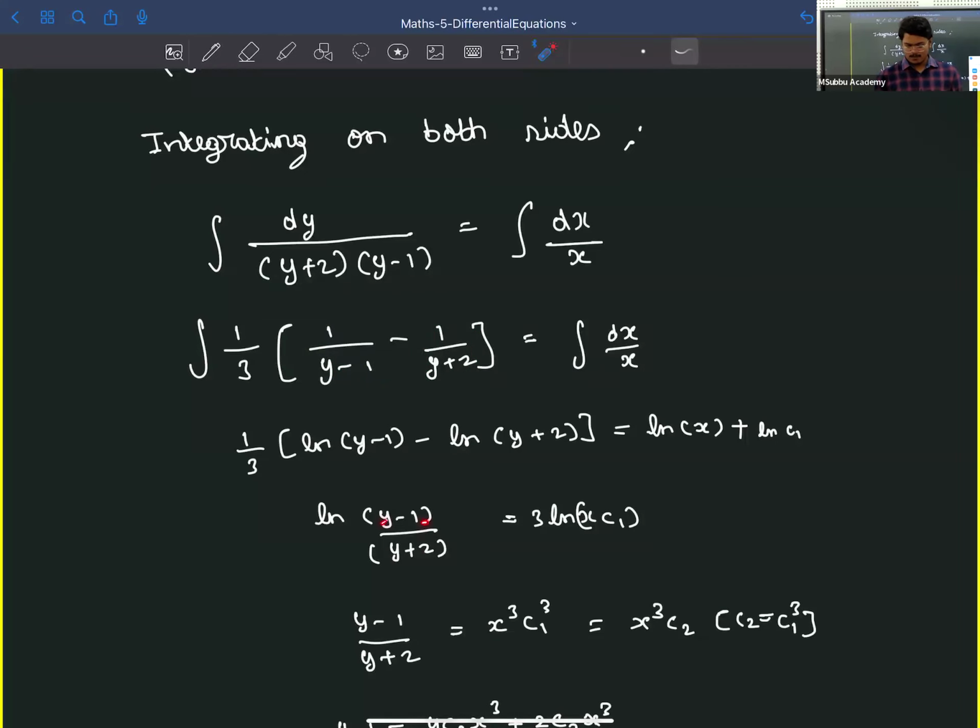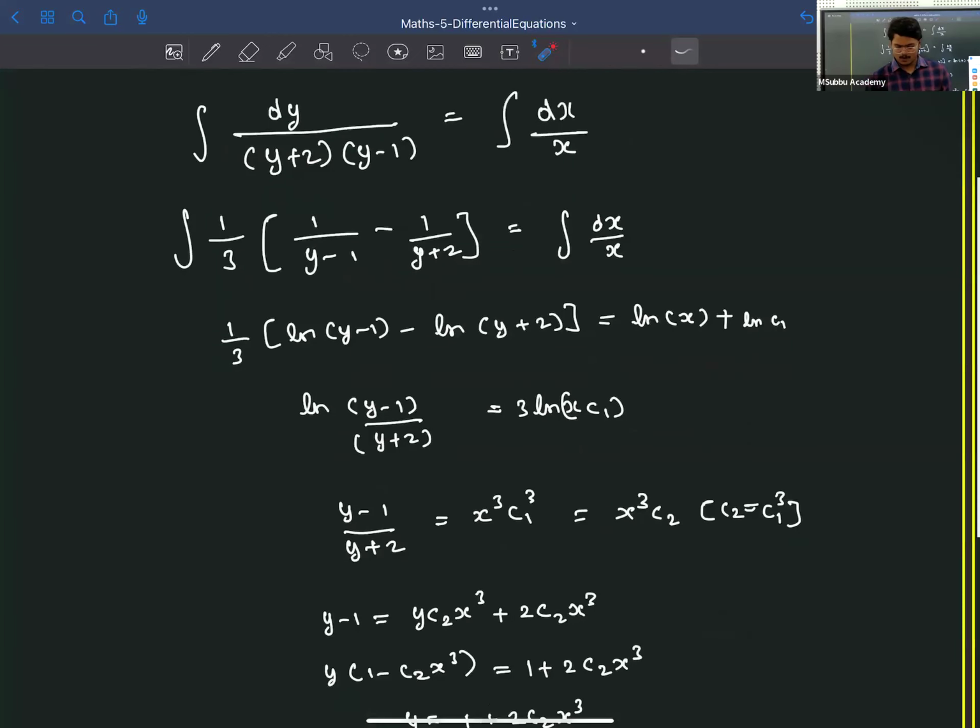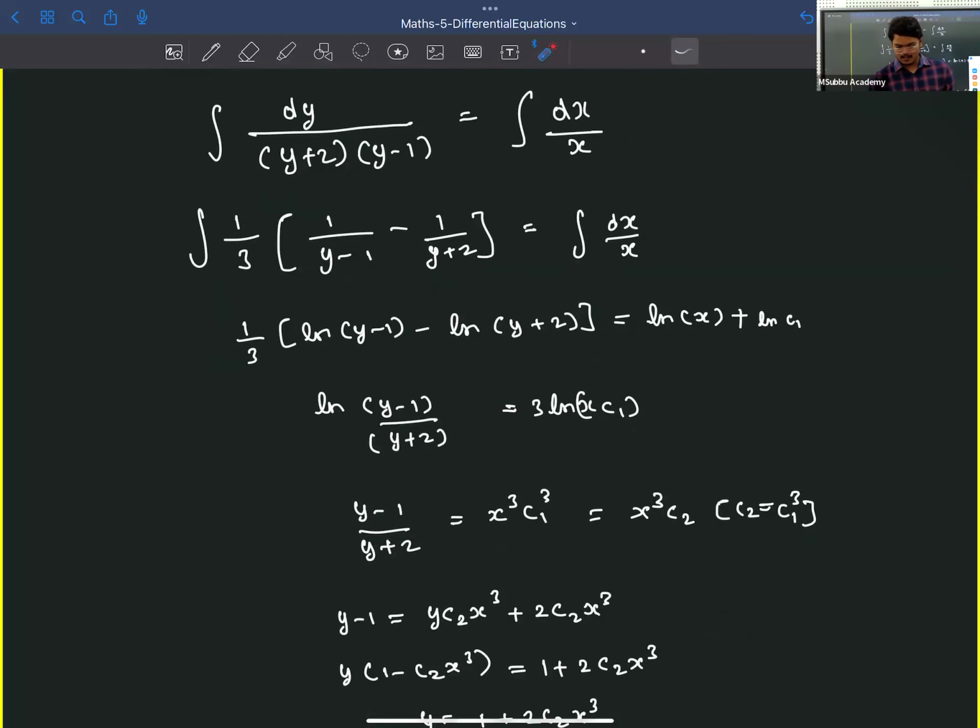So ln of y minus 1 by y plus 2. Simultaneously integrate the right side part also. 1 by x integration is ln x plus ln c1. Ln c1 is also a constant, so I am taking it as ln c1. So ln a plus ln b can be written as ln ab. Similarly, 1 by 3, take this 3 that side. So 3 into ln of x into c1.